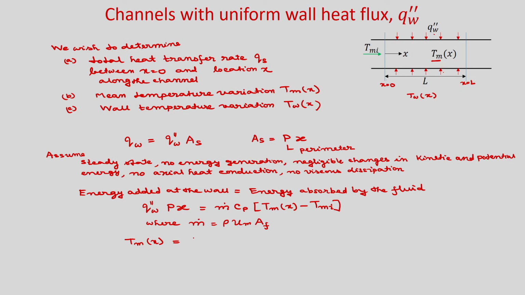Now you can write Tm(x) is Tmi plus q double prime w P by m dot Cp times x.